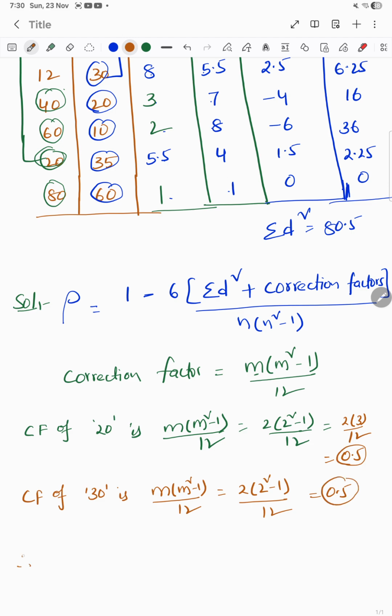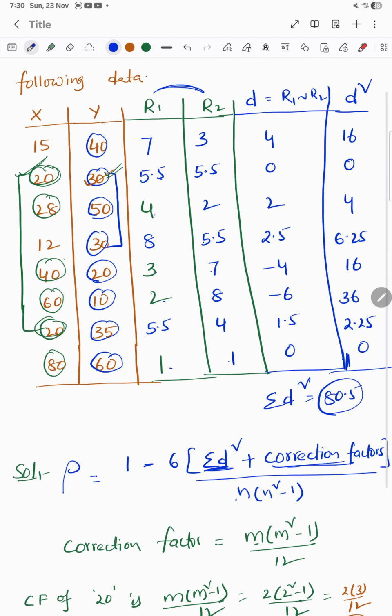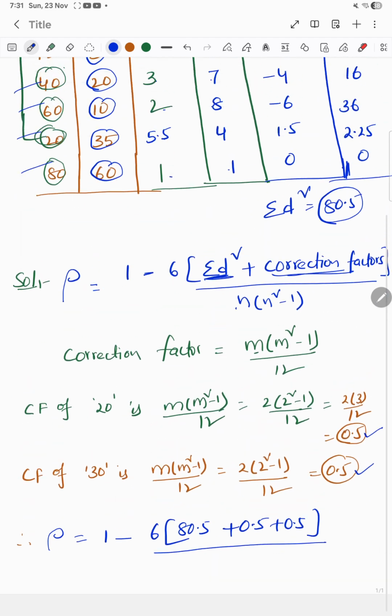Therefore rank correlation rho is equal to 1 minus 6 brackets open summation d square, which is 80.5, plus correction factors, 0.5 plus 0.5, whole divided by n into n square minus 1. Here n is the number of observations, 1, 2, 3, 4, 5, 6, 7, 8, that means 8.